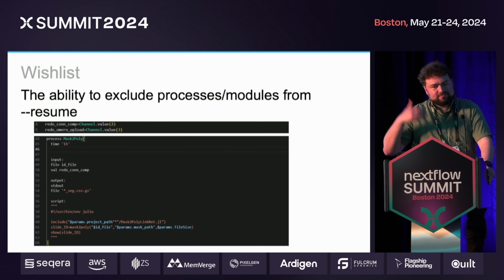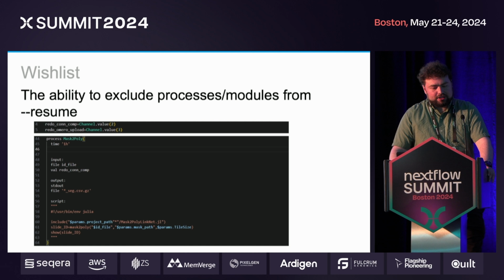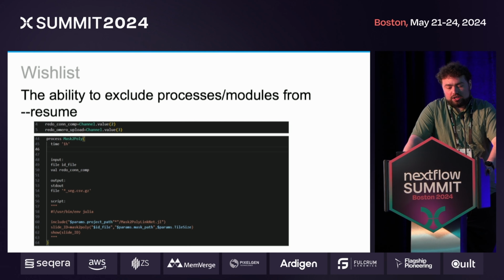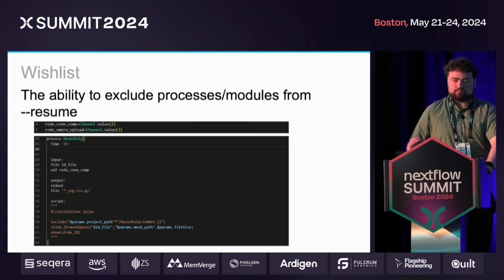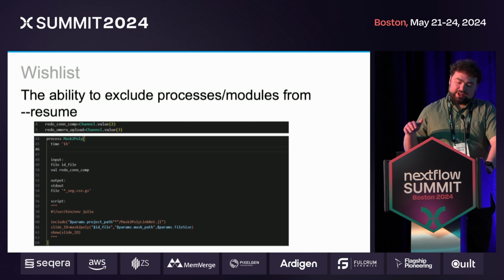In terms of some stumbling blocks for us, if anyone in the room has any ideas on how we could address these: one is that there are times when we have to go back and modify the underlying research code in a way that isn't caught by NextFlow when it is setting up the hash for the resume caching.